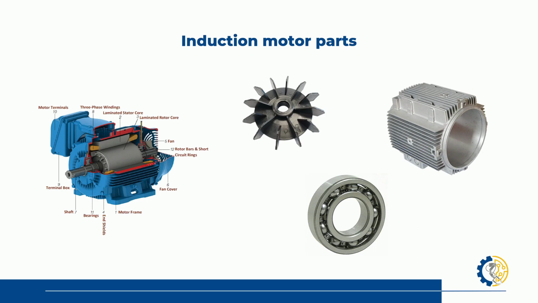Now, externally, what do we have here? Our hull. Our hull is that device which covers all of the internal system in which the magic happens for our motor, okay? And this also serves as a cooling system.